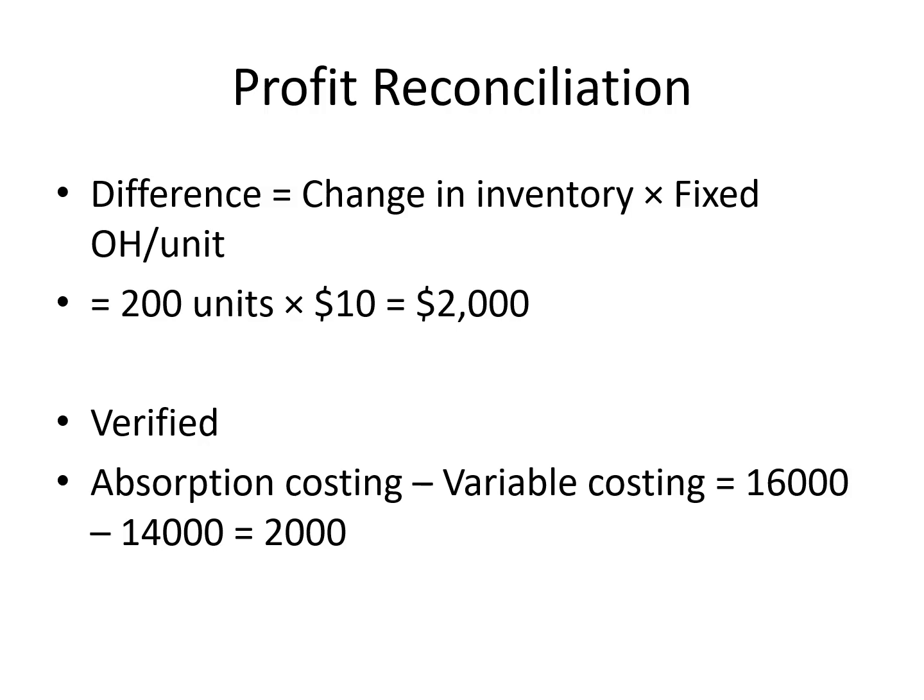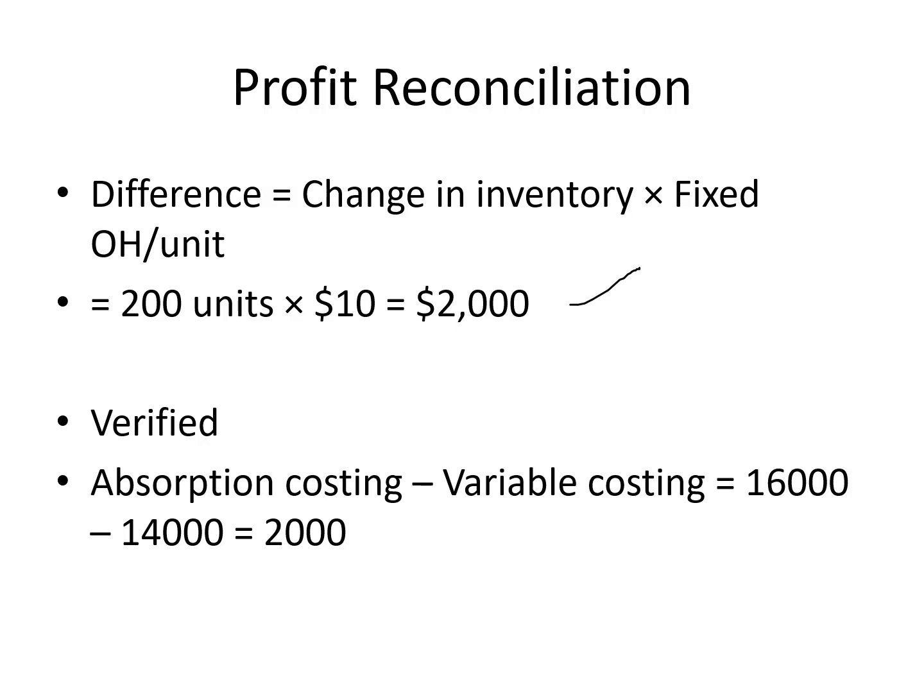The reason behind it is the change in inventory. In variable, we only take as per contribution margin the number of units sold. But in absorption, we use the number of units produced for fixed manufacturing overhead unit calculation. So that's why we had a difference of 200 units between the beginning inventory and the ending inventory times the fixed overhead per unit, 2000.